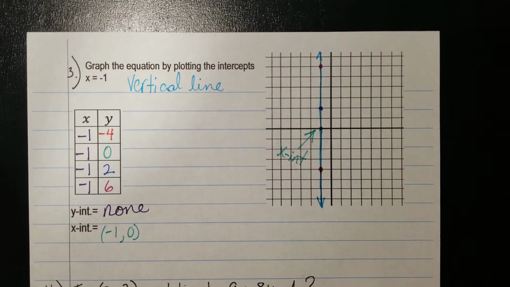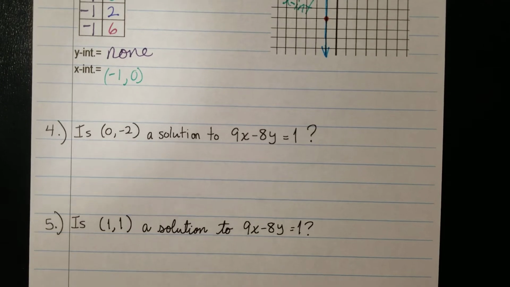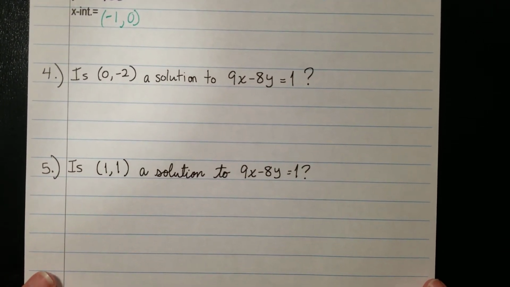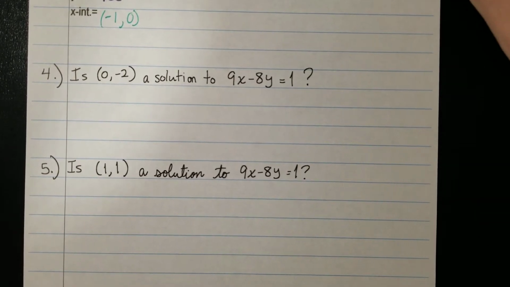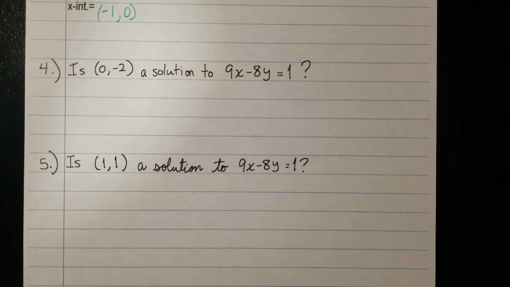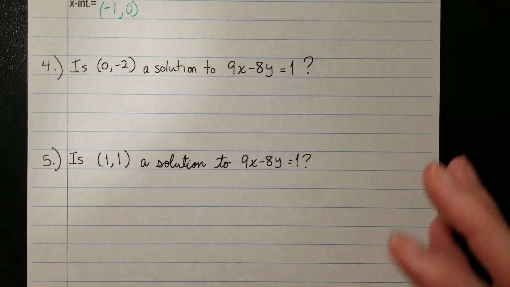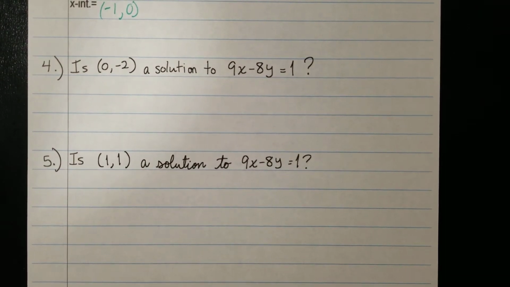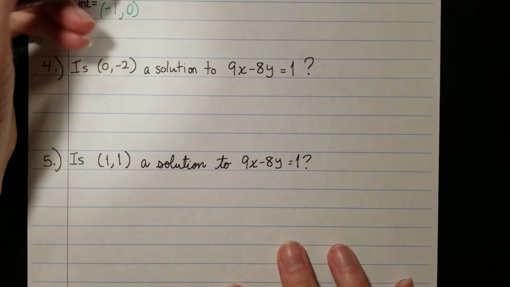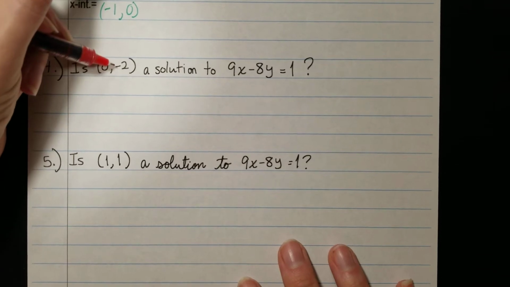So next, number 4, it says, is 0, -2 a solution to 9x minus 8y equals 1? All right, so in this case, they're saying that 0 is the x value, -2 is the y value.